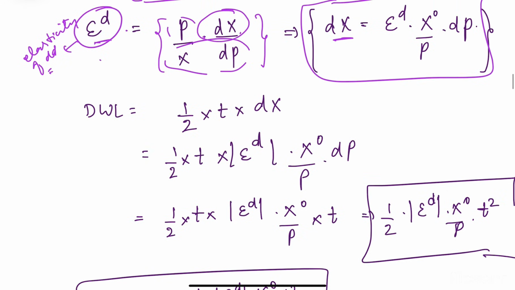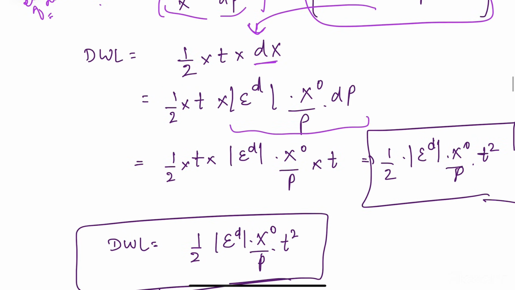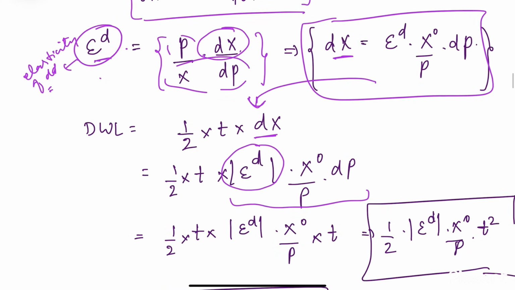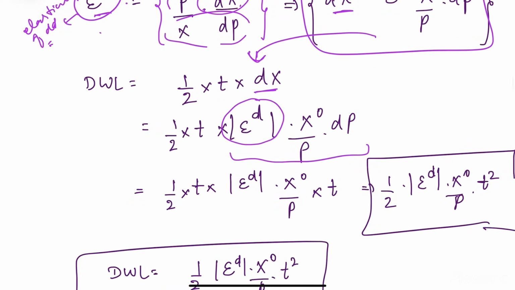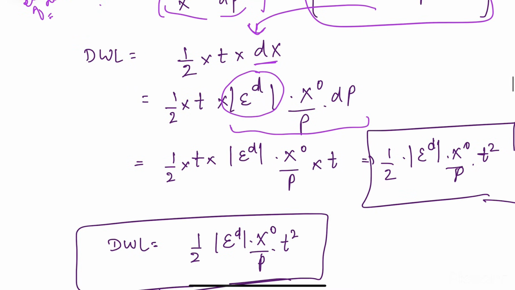Now we substitute this change in x here, and after substituting we get this. Basically we have put in the absolute sign here, just to avoid confusion with the negative sign of the elasticity. And the change in price is nothing but the tax.